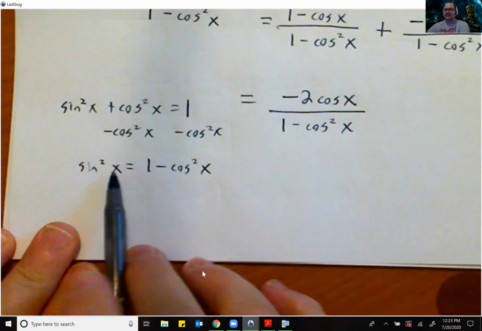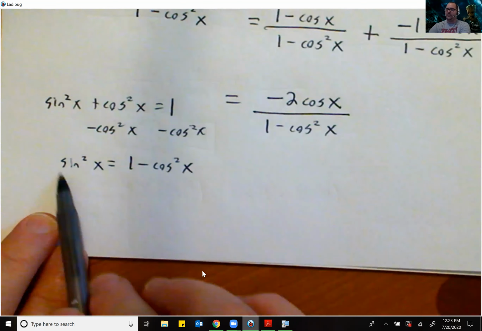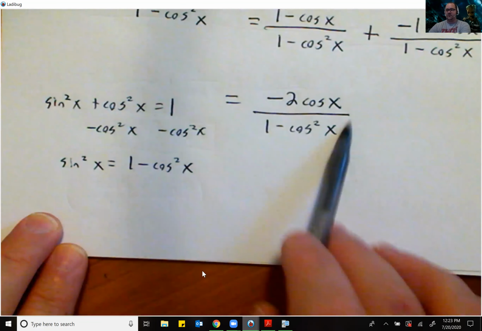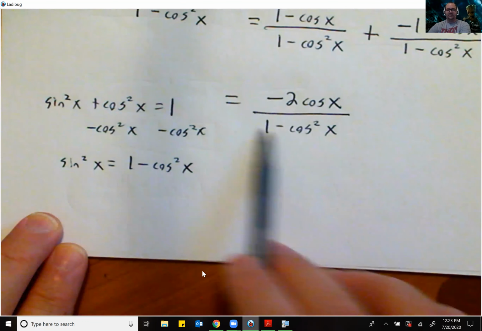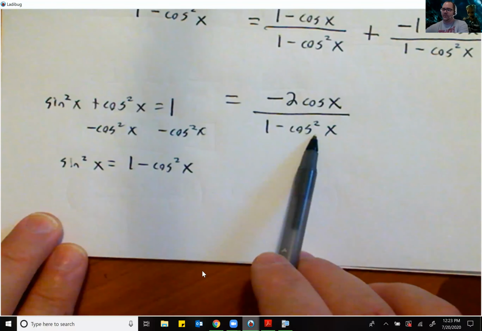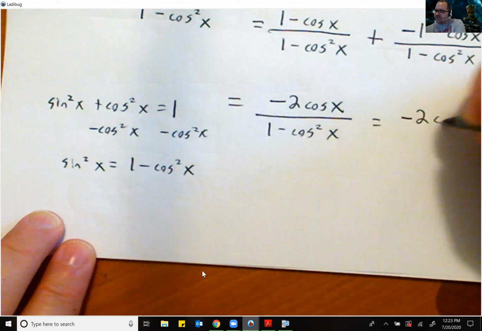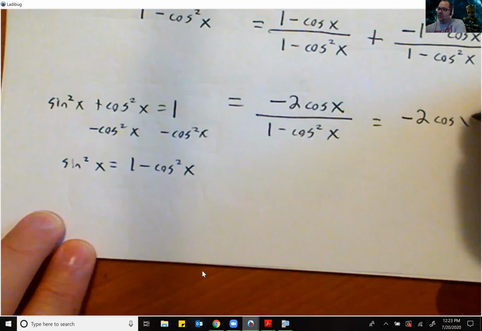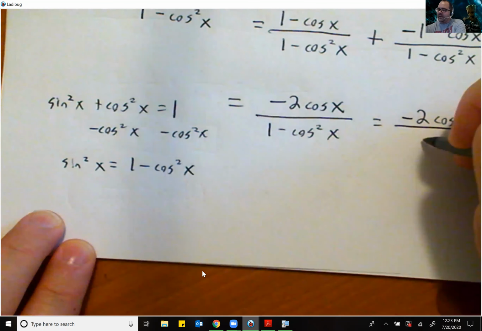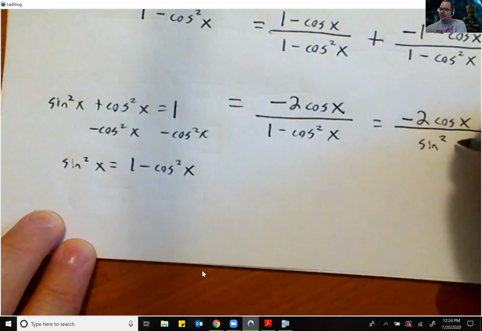So we could take this sine squared and replace this guy with it. So we now have negative 2 cosine x all over sine squared x.